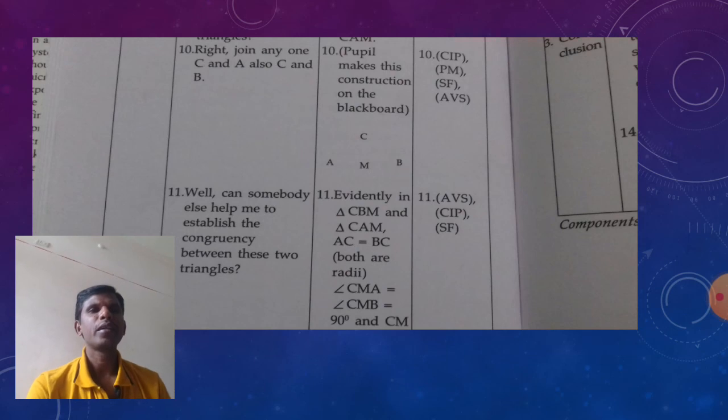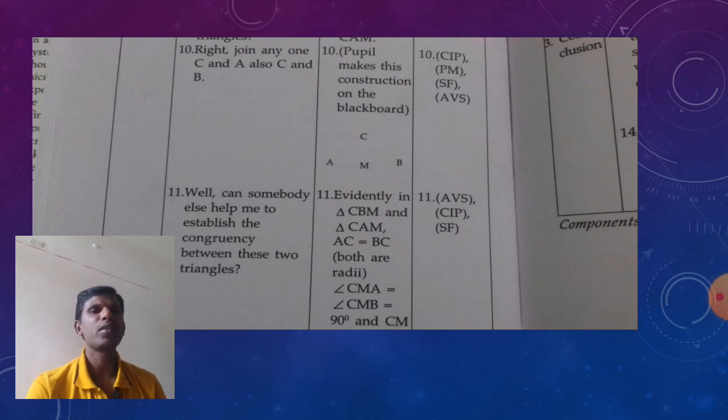Automatically, they will follow all these things and draw the two triangles. Change in interaction pattern, people's movement, sensory focus, and audio-visual switching, these columns come in. Well, can somebody else help me to establish the congruency between these two triangles?